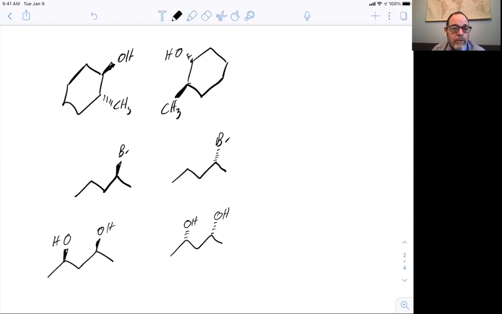Okay, so tell me whether these are enantiomers, diastereomers, meso compound. Okay, so let's take a look.